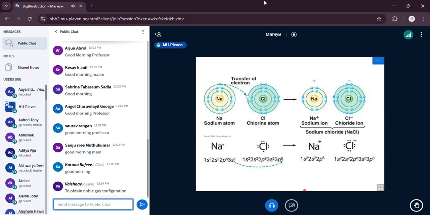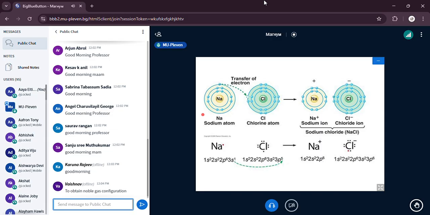For metals, it is easier to release electrons because they have a small number of electrons. You can see 1 electron only in a sodium atom. Atoms of nonmetals can accept a small number of electrons.